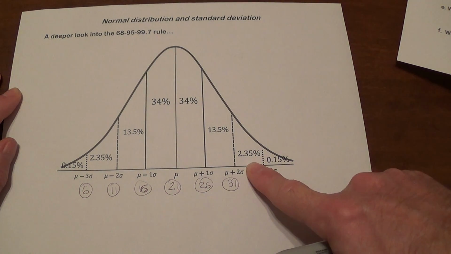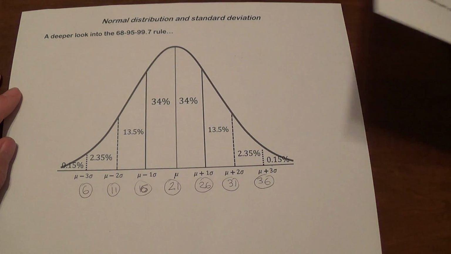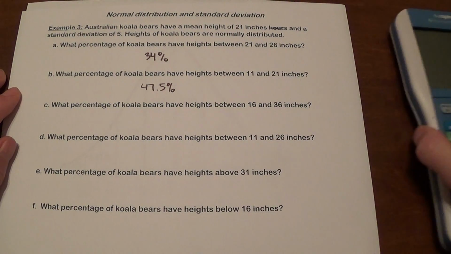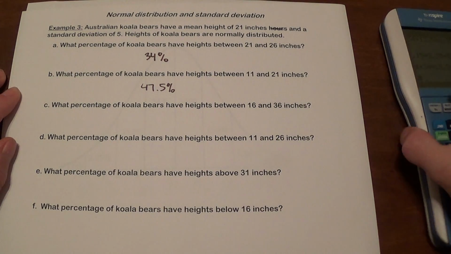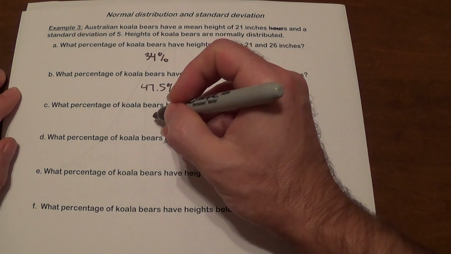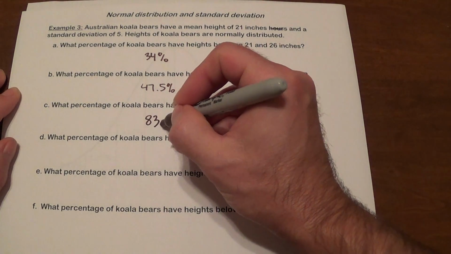All right. So if you add all these together, it's going to be 34 plus 34 plus 13.5 plus 2.35. And that's going to give us 83.85. So this will account for 83.85.